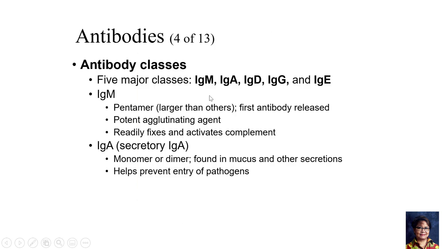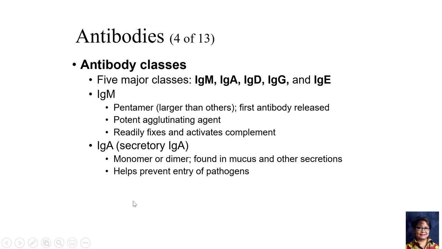And there are five classes: immunoglobulin M, immunoglobulin A, immunoglobulin D, immunoglobulin G, and immunoglobulin E. Make sure that you know that IgM is a potent agglutinating agent, and it readily fixes and activates the complement.